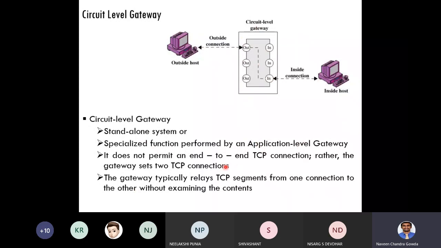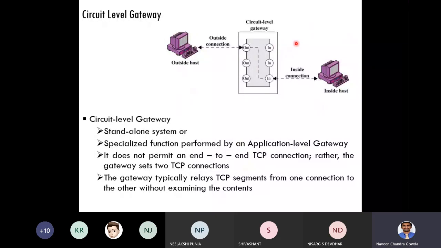And the third point I want you to understand very importantly: it does not permit an end to end TCP connection. This is very, very important. What exactly I mean is, for this circuit level gateway you might have connected multiple devices. In this example, a total of six devices can be connected, three at the outside connection side and three at the inside connection side.